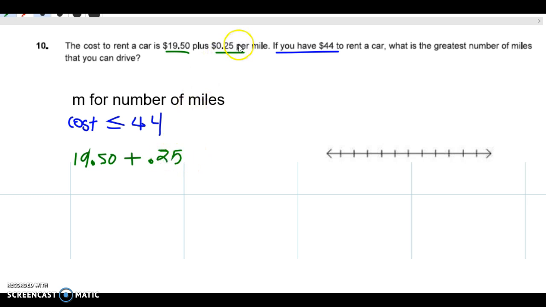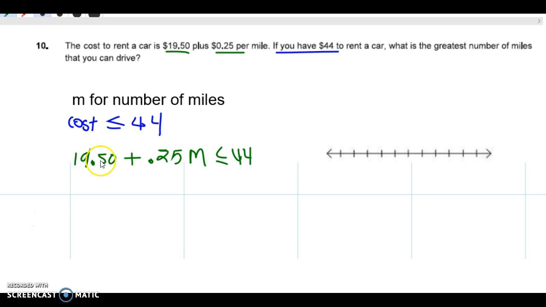If they drive 1 mile, it's 25 cents. If they drive 2 miles, it's 25 cents times 2. And if they drive M miles, it would be 0.25 times M. So that's our expression for the cost. And we want this to be less than or equal to 44.